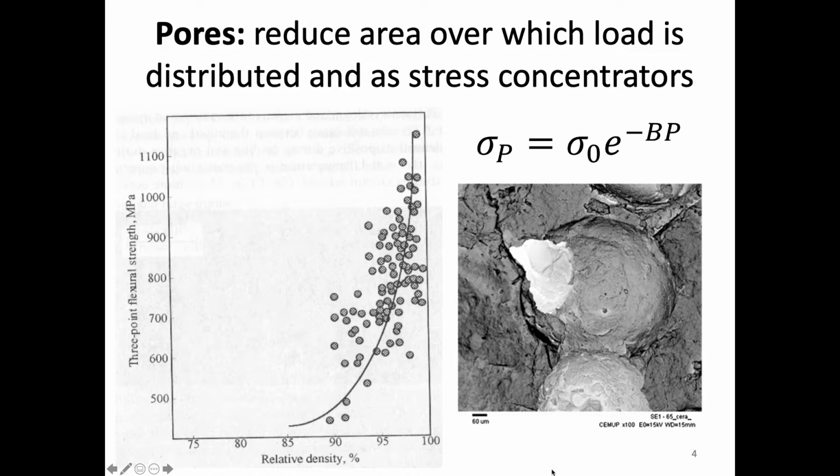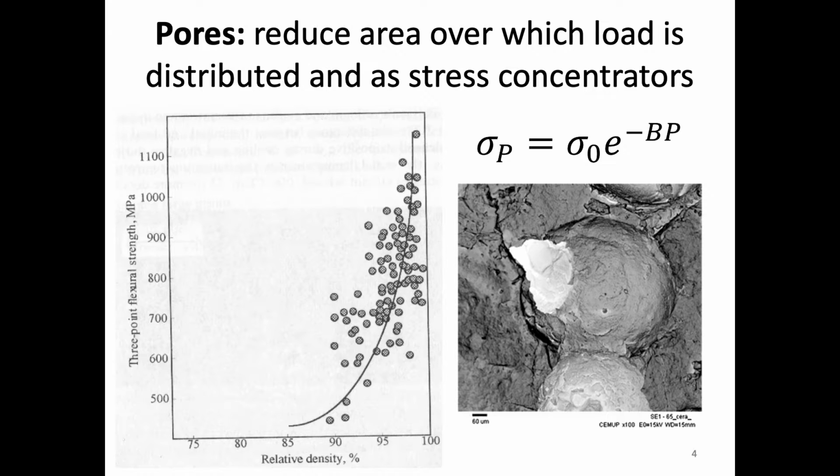But there are two things that a pore will really do. Obviously, if you have a pore, the cross-sectional area is reduced. This isn't a huge factor, as you can see if we take a look at this plot here, the densities that we're talking about are typically above 90% dense. And so we have pores, but there's not a huge amount of pores, and so it doesn't really affect the cross-sectional area by having that empty space there.